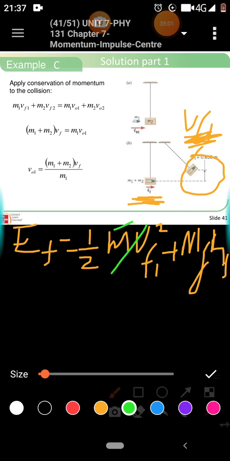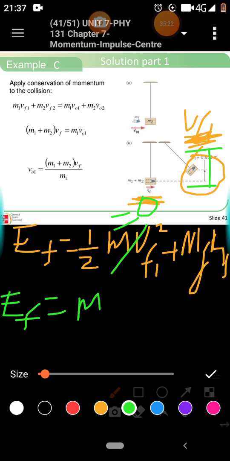Final one is 0 because it has reached the maximum height where there's no further movement, so it stopped. The velocity when it stopped is 0. So we have that E final is m g h final.